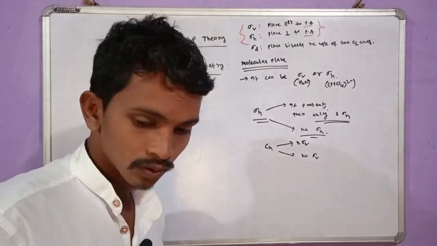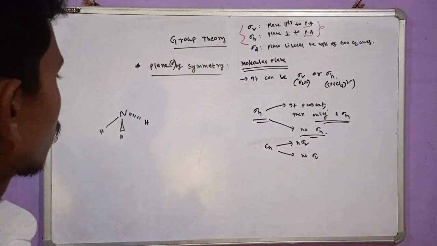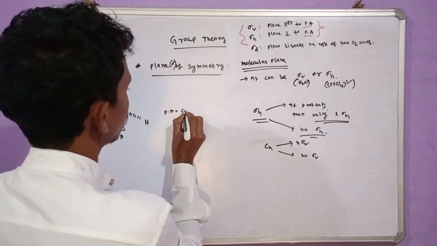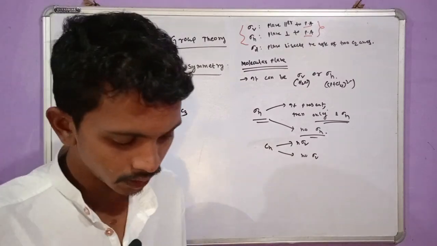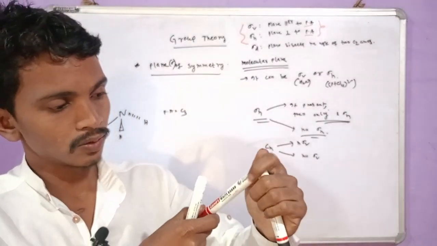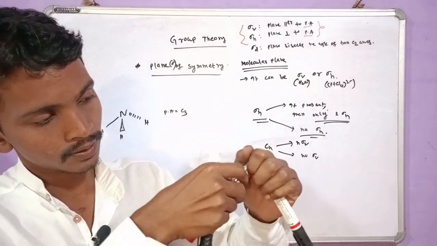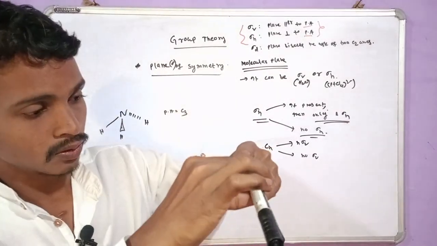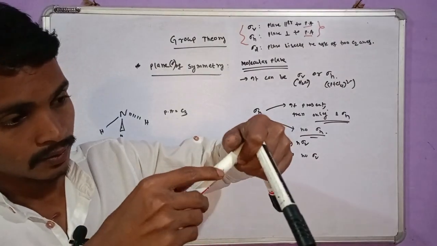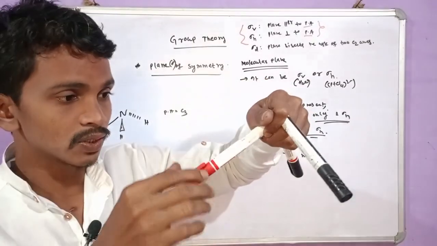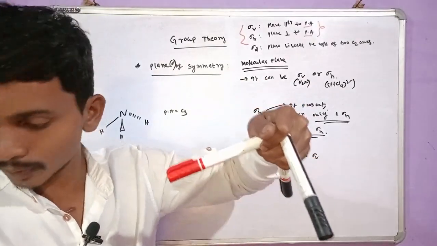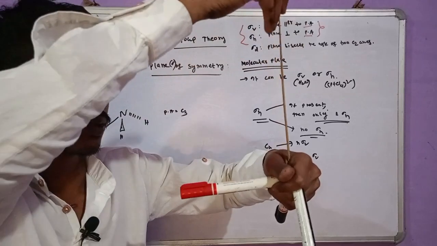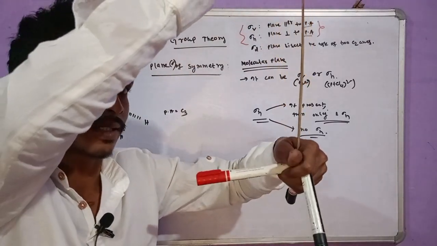In the case of ammonia, as we have discussed, the principal axis is C3. In the previous class we discussed that this is not a planar molecule; due to its lone pair its planarity vanishes and it looks like this. So one is in the plane, one is above, one is below. Okay. So the principal axis is here, this is C3, so if you rotate, it will rotate.